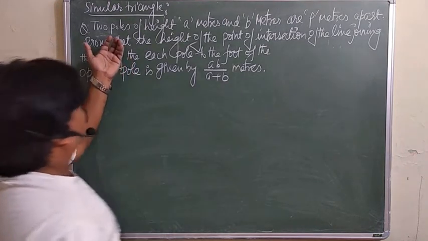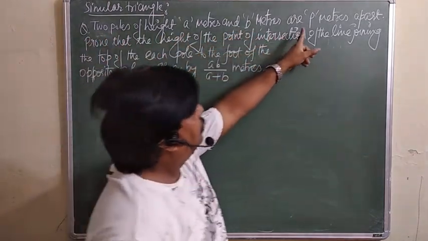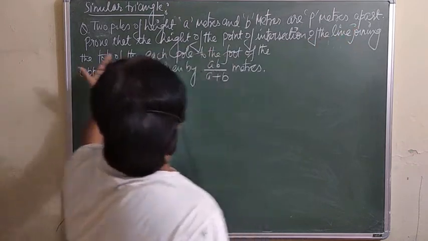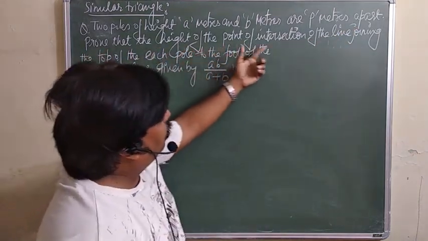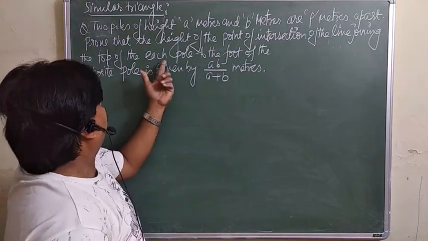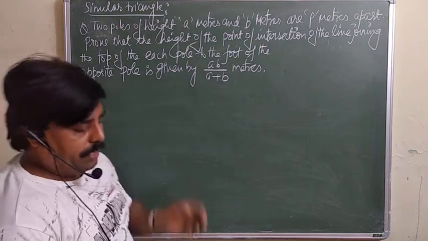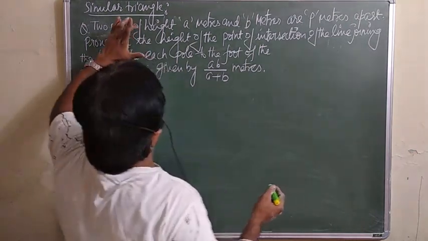Okay, now the question is, two poles of height A meter and B meter are P meter apart. Prove that the height of the point of intersection of the line joining the top of each pole to the foot of the opposite pole is given by... Means what exactly the question is saying, there are two poles.